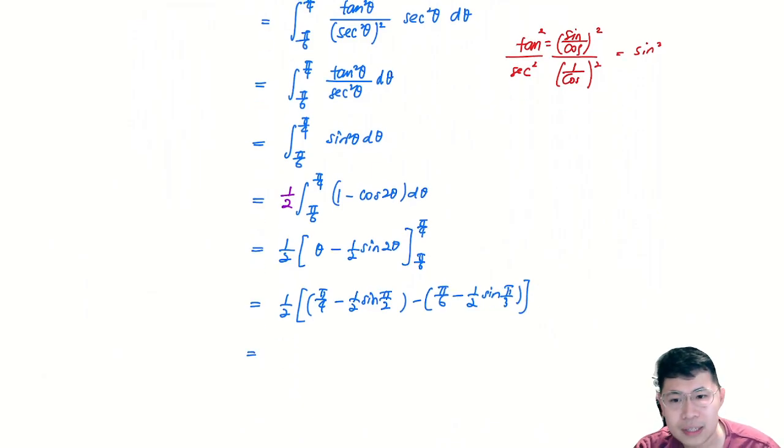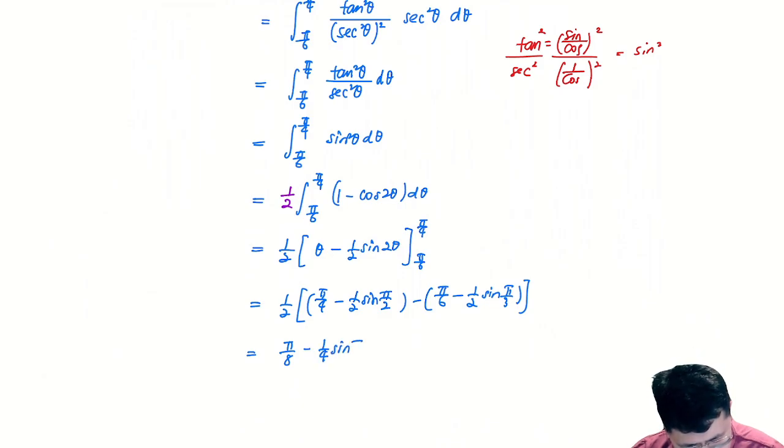So with this, multiplying in with the half, I will get something like this. I'll get pi over 8 minus 1 over 4 sine pi over 2, then minus of pi over 12 minus 1 over 4 sine pi over 3.